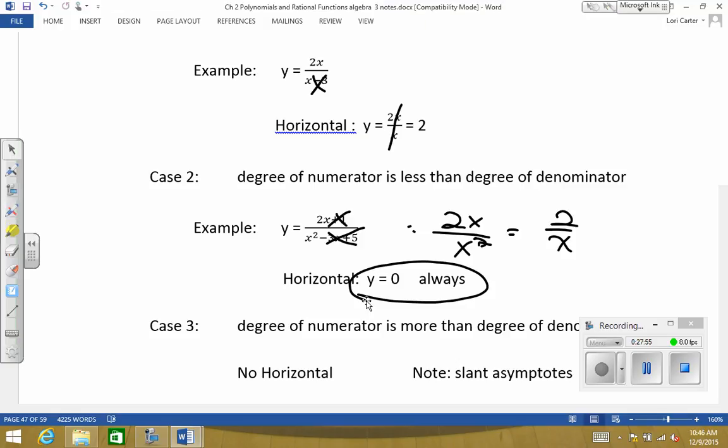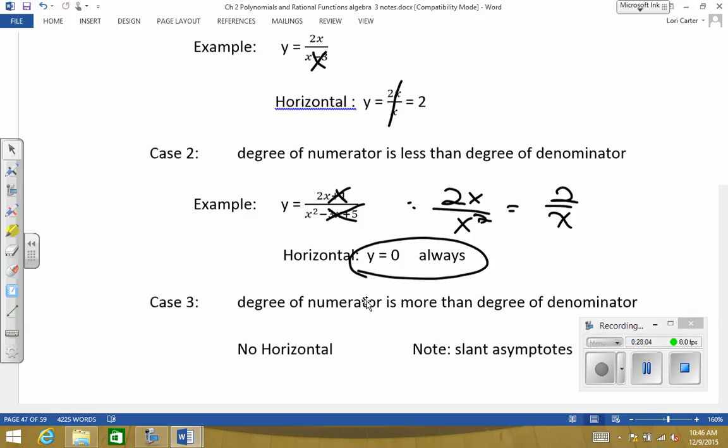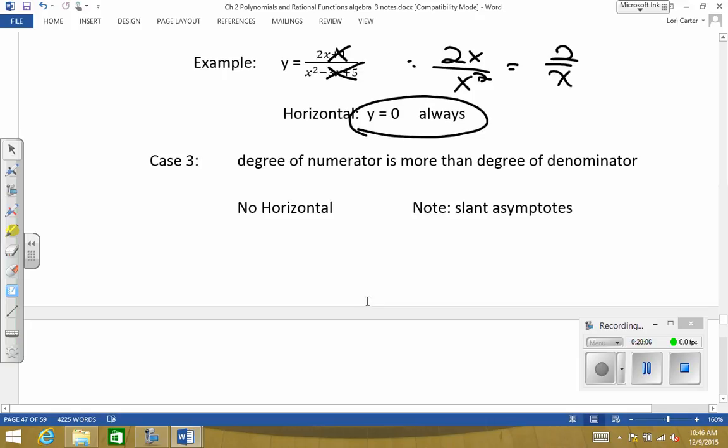Okay, so we have cancel, straight number, easy. X left in the denominator, 0, easy. The third one is when the x's in the numerator are larger than the denominator. So when we got done, we'd have something like 2x cubed over x, or x squared.